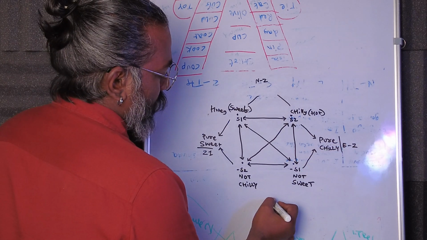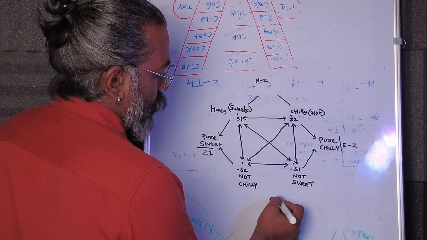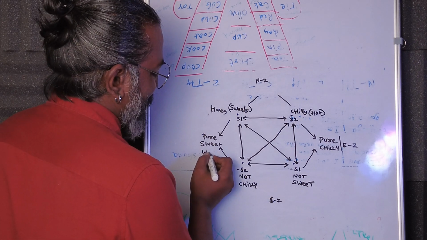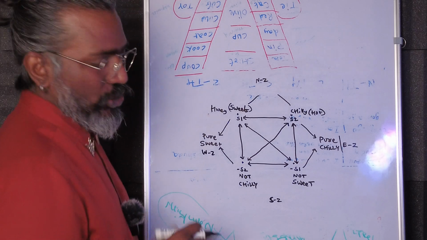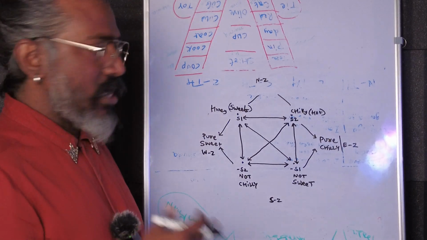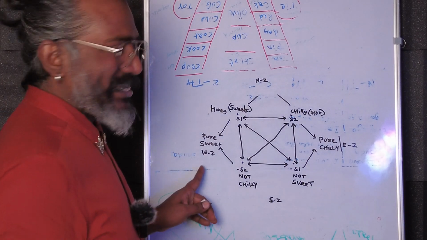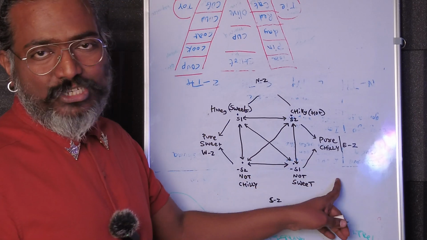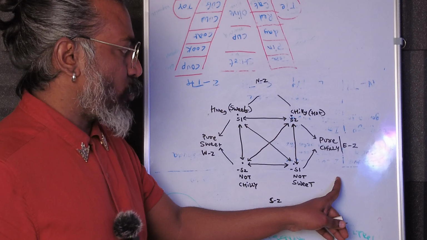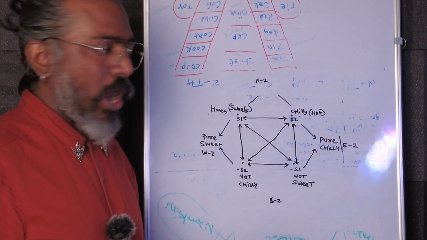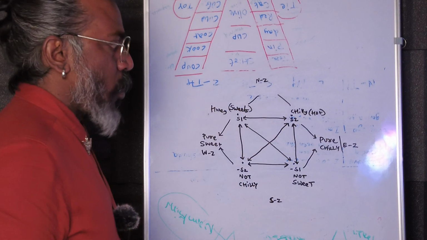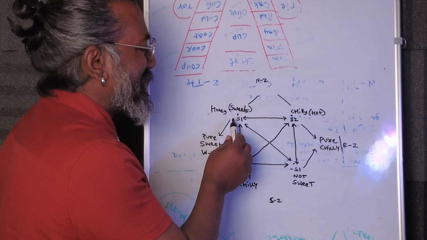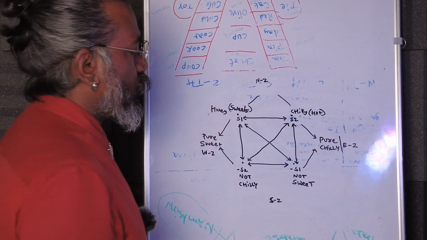This is south zone. This is west zone. So that would be much easier. So in the west zone, we know that it is a pure sweet. In the east zone, we know that it's all about pure chili or hot. So what about your north zone? It's a mixture of sweet and chili or hot.